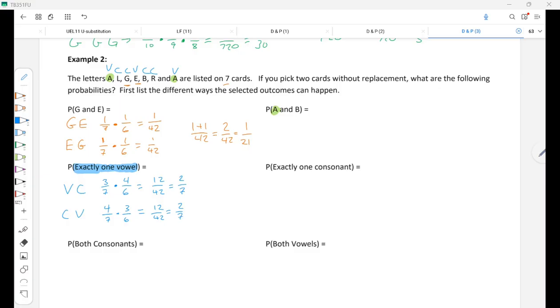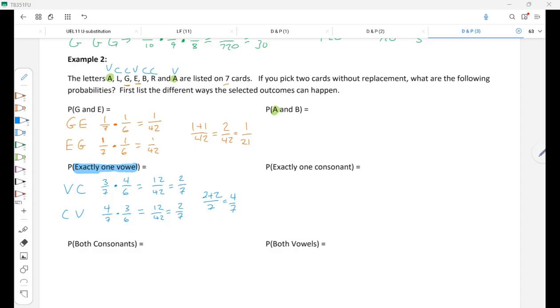Which makes the answer to my problem 2 plus 2 over 7, which is 4 sevenths. Again, if you can do that one, you can do the one to the right.